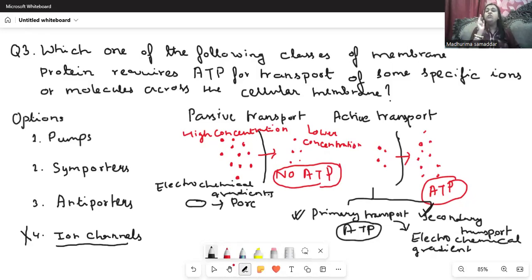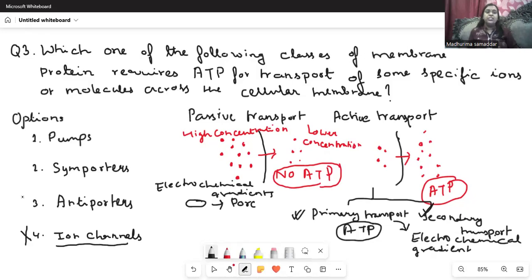They are not using ATP directly. Here two different types of molecules get transferred in opposite directions, but by the use of electrochemical gradient, and the membrane proteins are secondary active transporters. They are not using ATP. So option number 3 also is not correct.